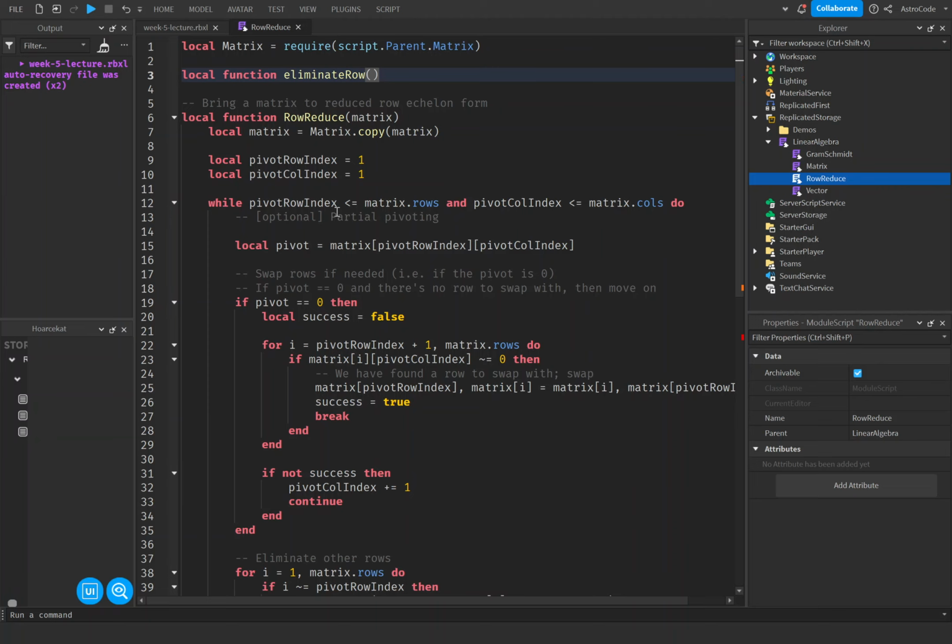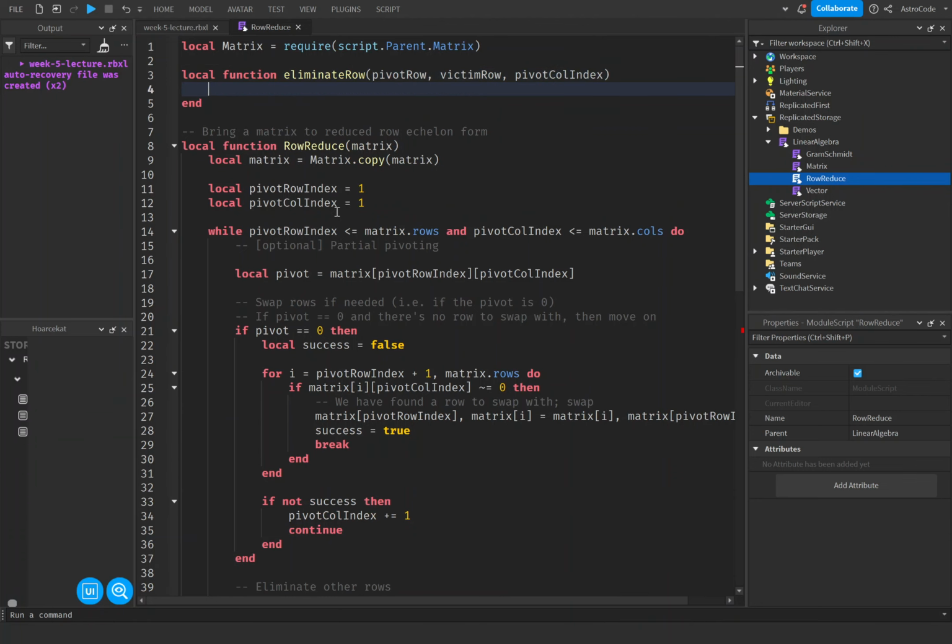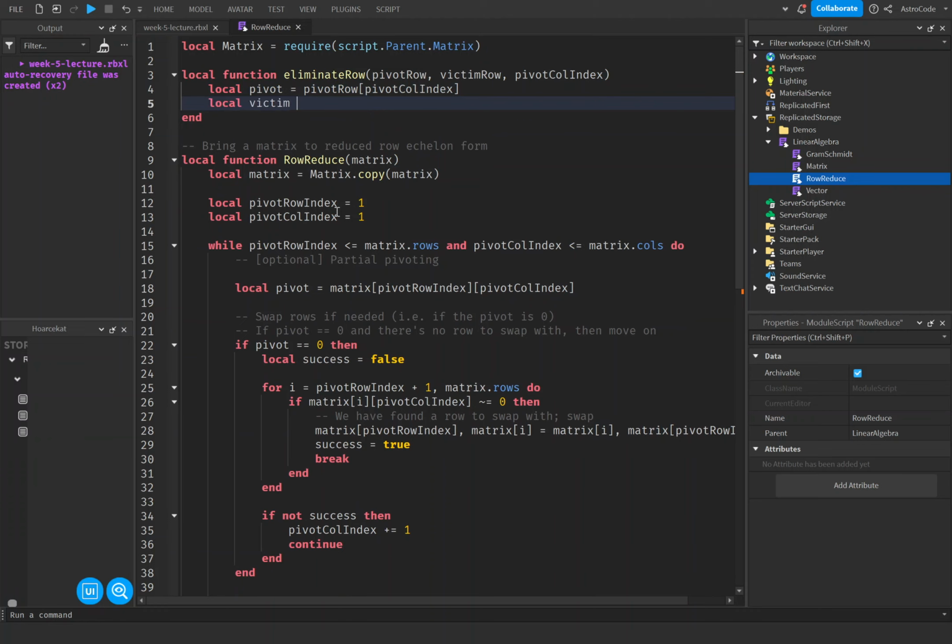So here's our eliminate row function. We're going to eliminate using the pivot row, and then what I've called the victim row. This is the row that we're eliminating. And the column that we're eliminating in is this index. So again, we'll get the pivot from the pivot row, and then we'll also get the victim index.